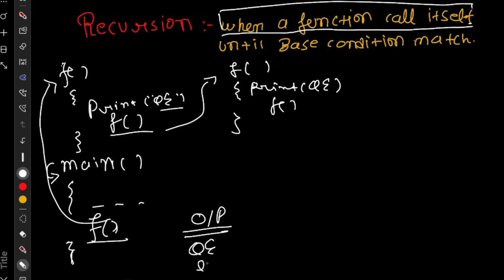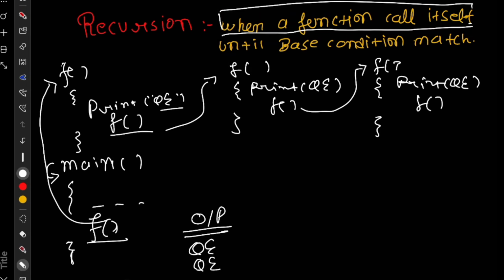In the output again we see QE. The second time this function is executed, it again calls itself. The third time, it prints QE and calls f, and the third output will be QE.